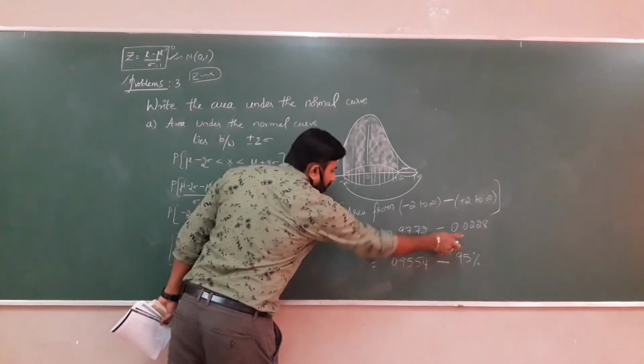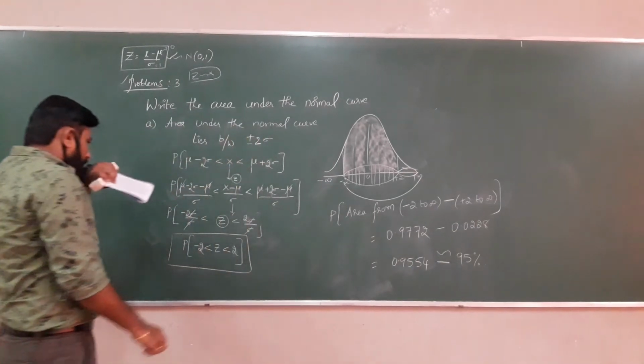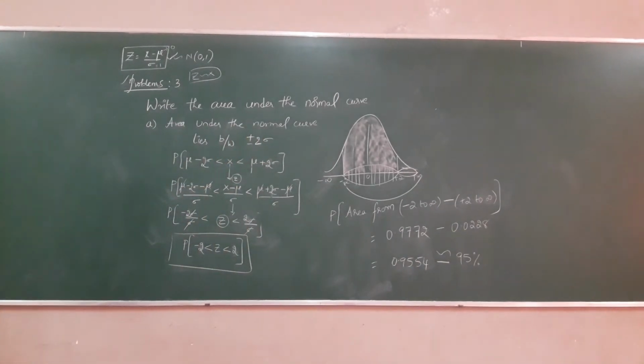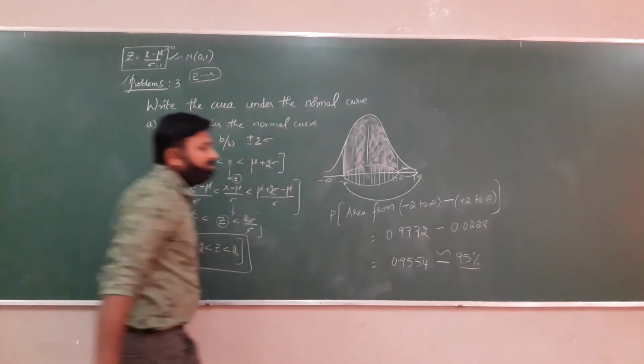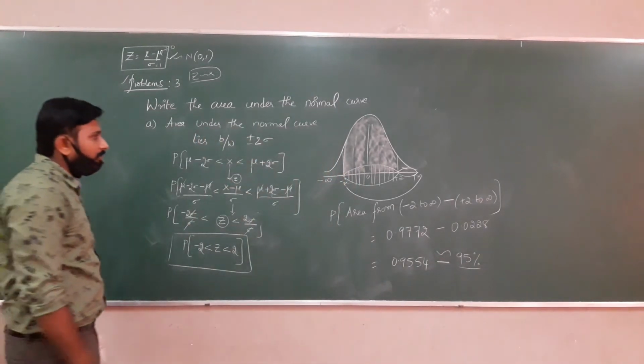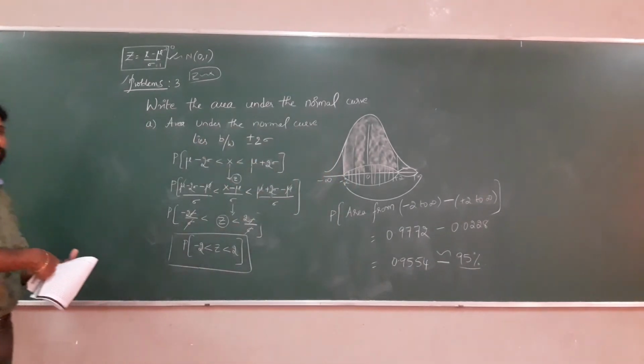So by seeing the tables, 0.9554. The area under the normal curve between plus or minus 2 sigma is 95% area covered. Just note down.